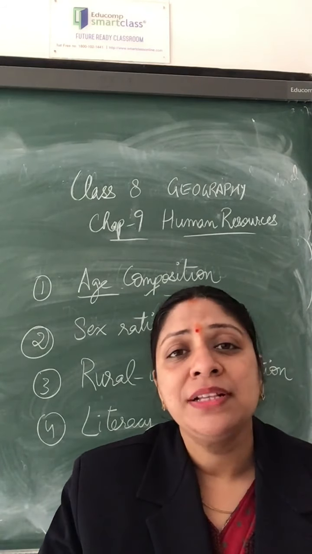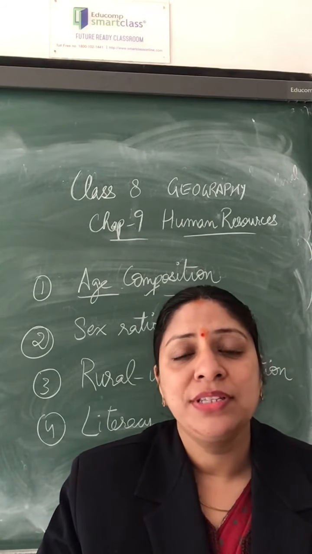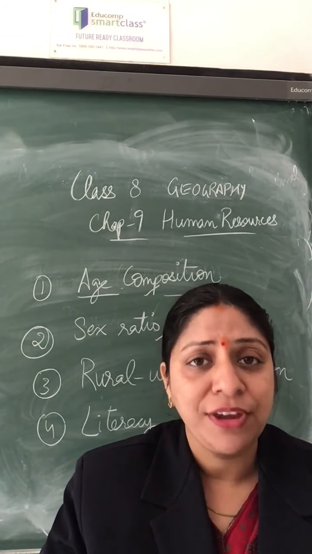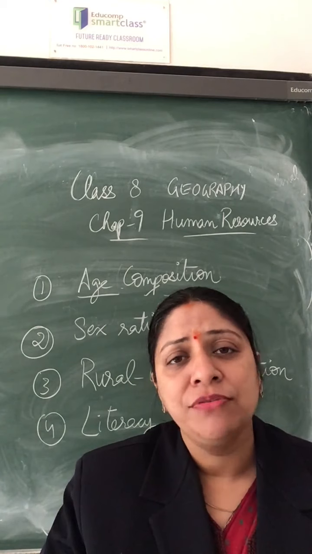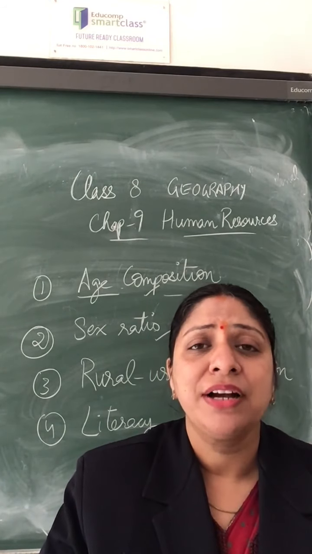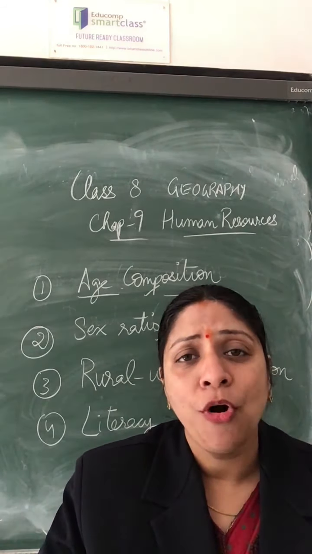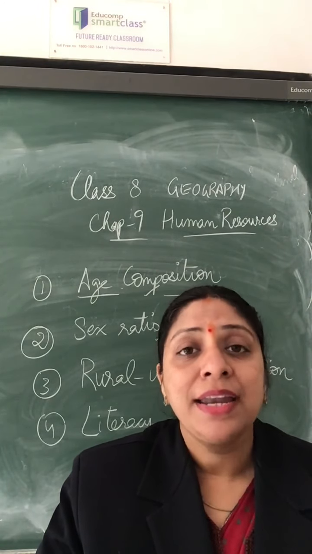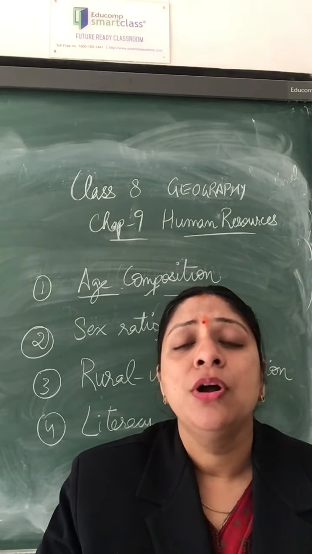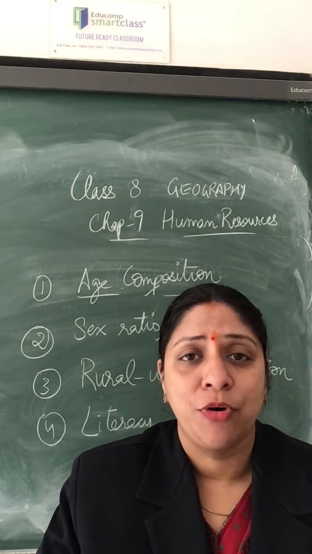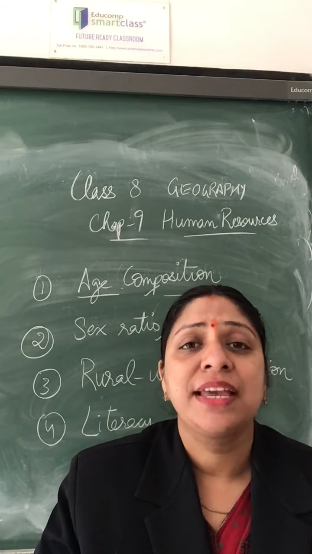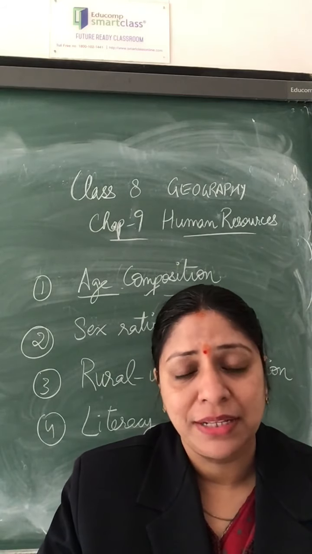The number of females is less because obviously the girl child is not very much favored. In many of the villages and in many areas, when a girl child is born, she is not given proper food, and she is killed. And even before birth, the female child is aborted. And therefore come the differences in the sex ratio of males and females.